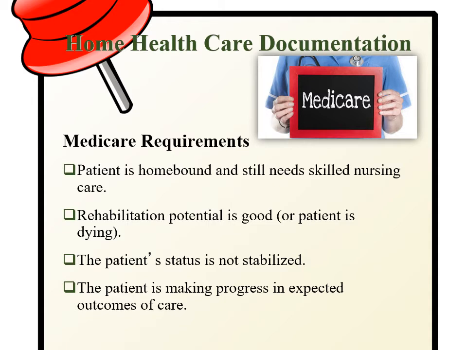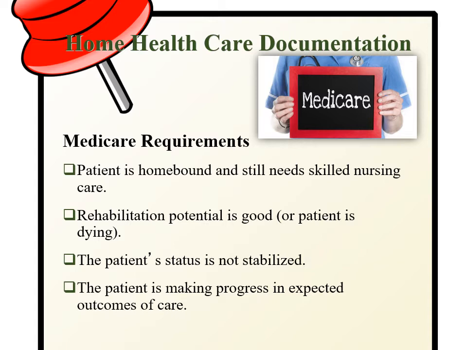Then we also have home healthcare documentation, which is determined by Medicare requirements for adult patients. They have the Outcome and Assessment Information Set, or OASIS.